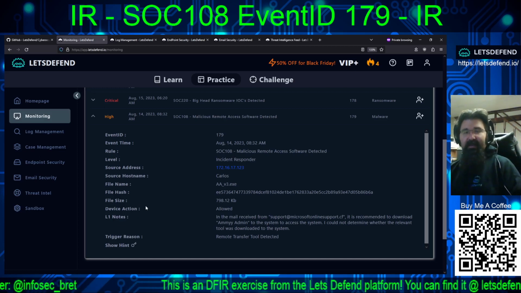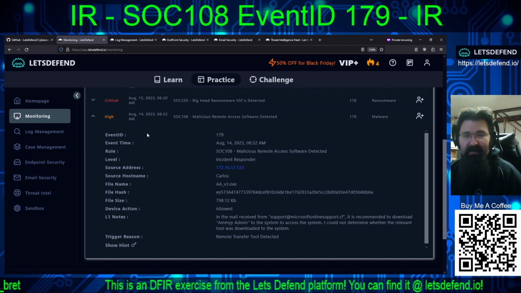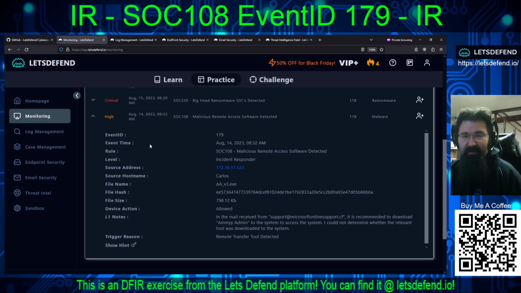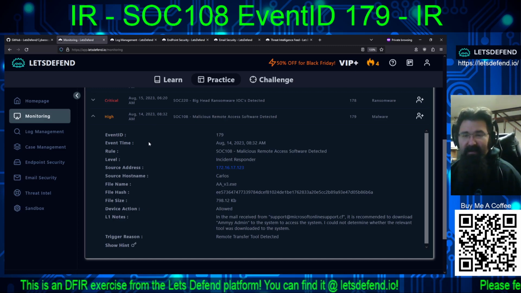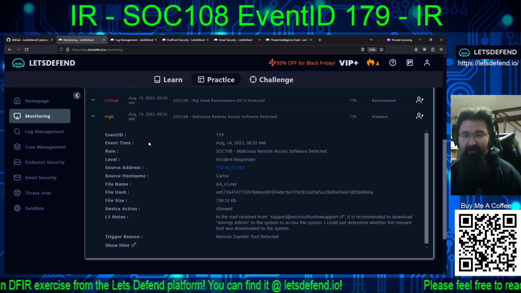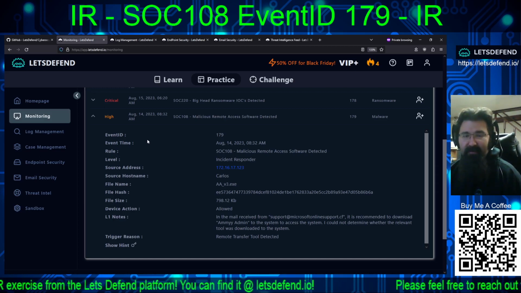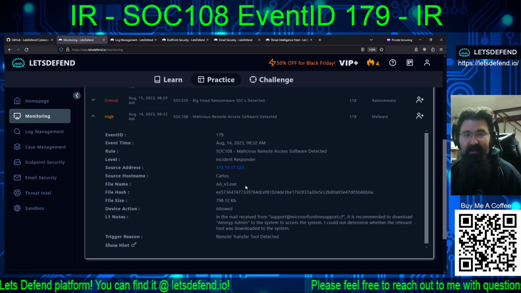It looks like it was allowed. L1 notes denote: in the mail received from support at Microsoft online support.cf, it is recommended to download AMI admin to the system to access the system. I cannot determine whether the relevant tool was downloaded to the system. Trigger reason, remote transfer tool detected.